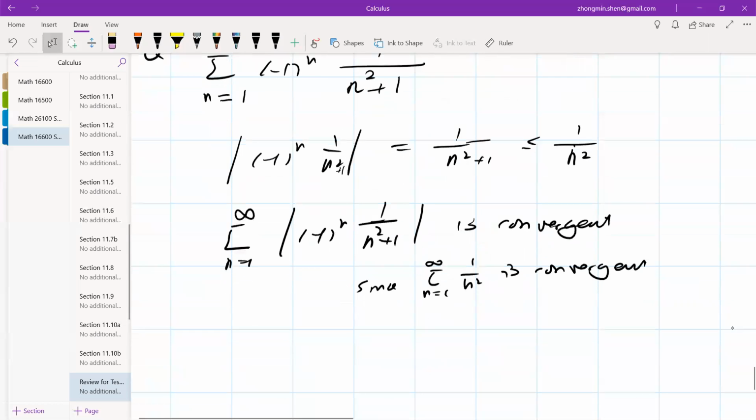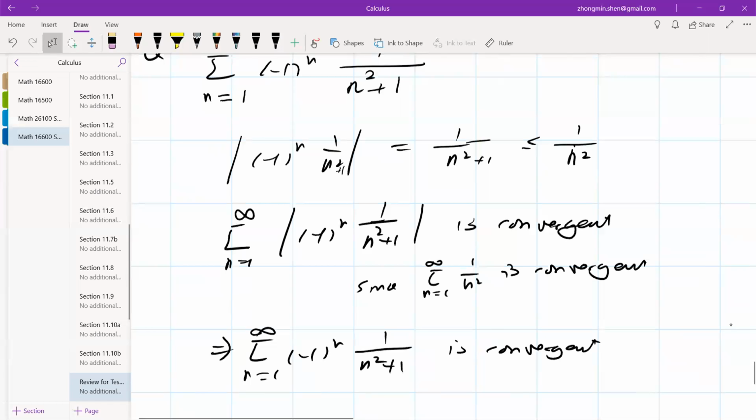So since this is convergent, it implies that even if you have a negative sign, this is convergent. Right? And by some theorem, it's actually absolutely convergent.